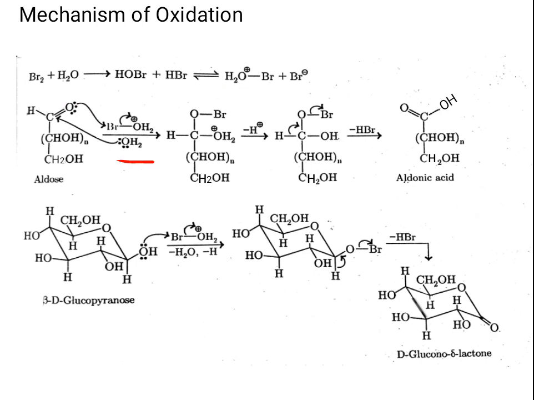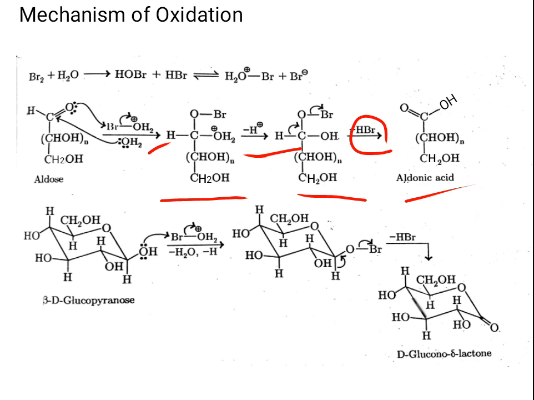At first water is attacking this carbon, and simultaneously this lone pair of oxygen is attacking this Br. So you are getting this structure. After the deprotonation you will get this, and now this hydrogen will leave becoming HBr. This hydrogen and this bromine will leave, so you will get this aldonic acid.